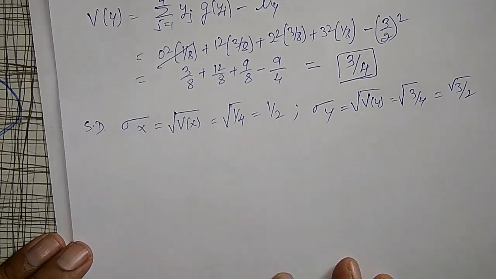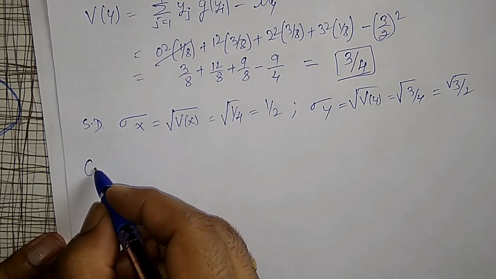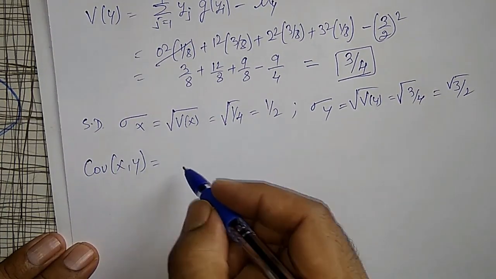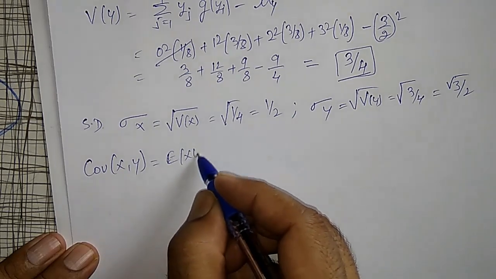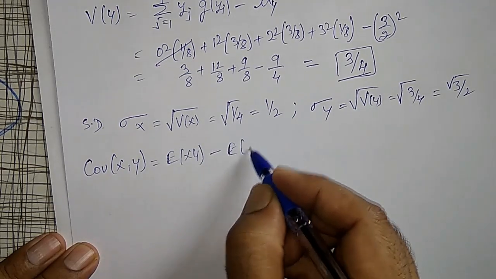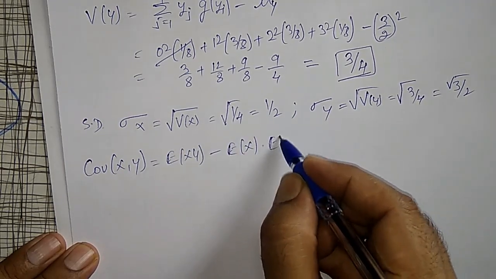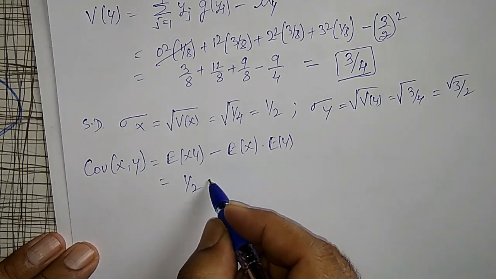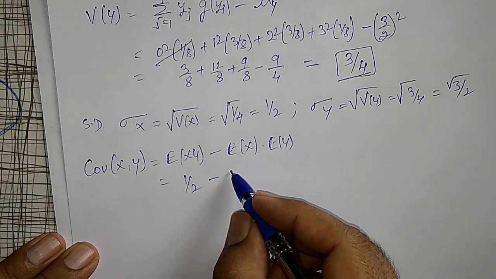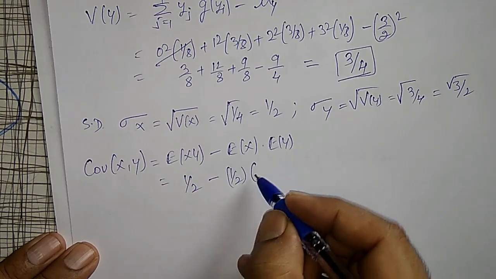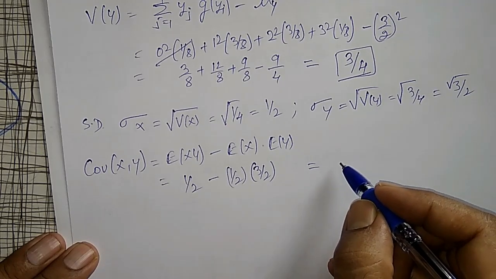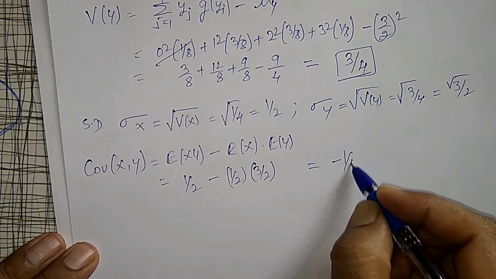Using this, covariance of xy is equal to expectation of xy minus expectation of x into expectation of y. Expectation of xy is 1 by 2 minus expectation of x, 1 by 2, into 3 by 2. If I simplify this, I am going to get minus 1 by 4.